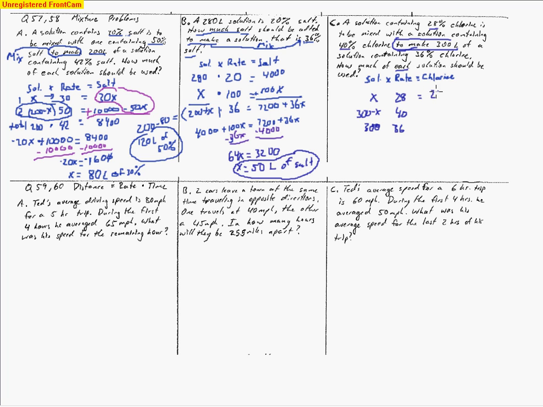So we multiply across, we get 28x. Over here we're going to end up with 12, and then we have 3 zeros, minus 40x. And then over here we have 3 times 36. Let's see here, that gives me 18, and 9 plus 1 makes 10, so 10,800, because I got to bring down those 2 zeros. So I'm adding this stuff together.